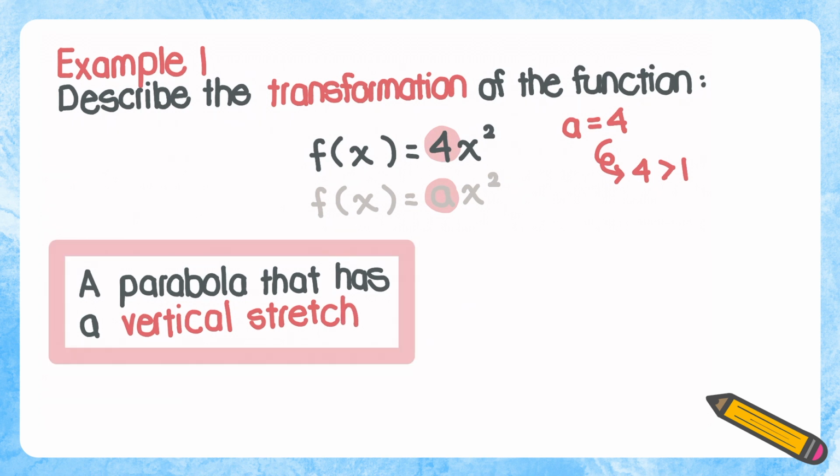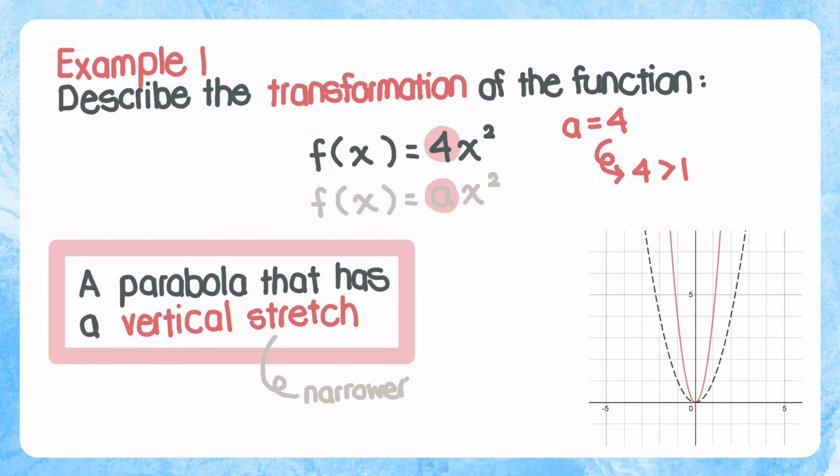So this is our description of the function, a parabola that has a vertical stretch. And a vertical stretch means the graph is narrower compared to the parent function. Like we see here on Desmos, the graph is more narrow compared to the original parent function.